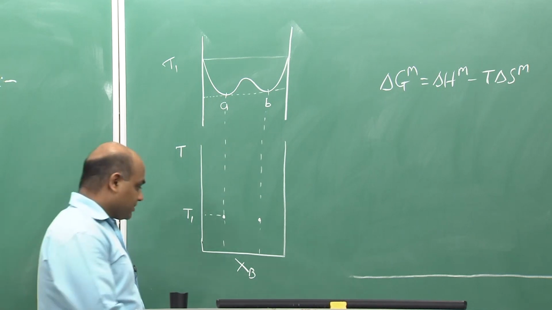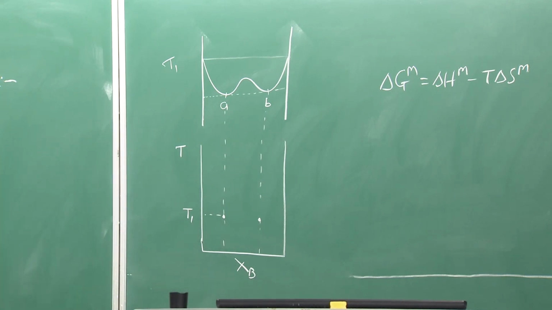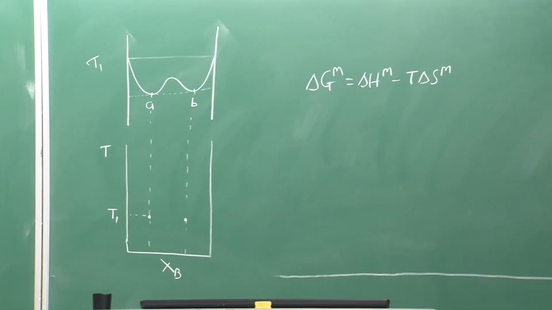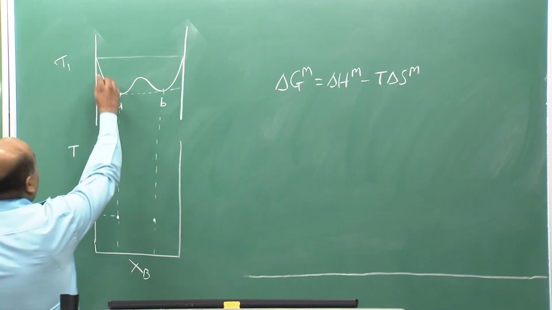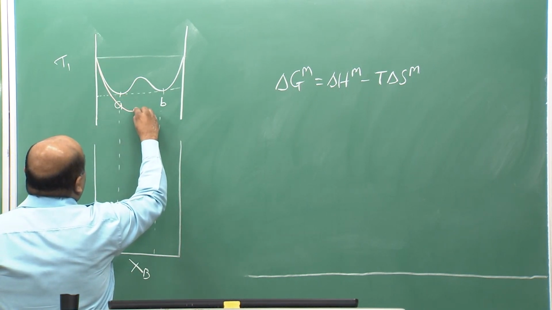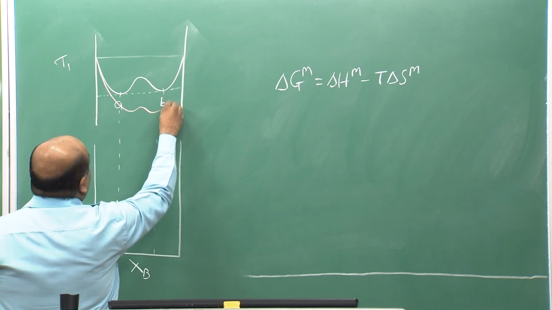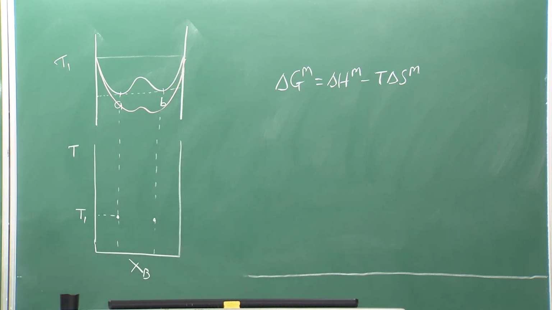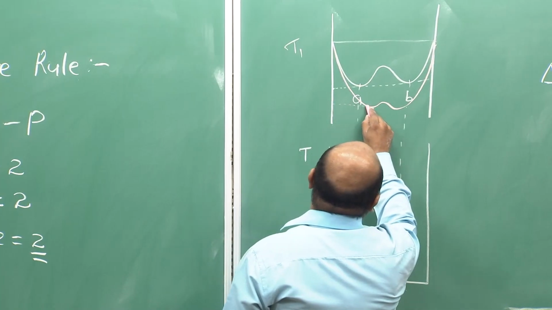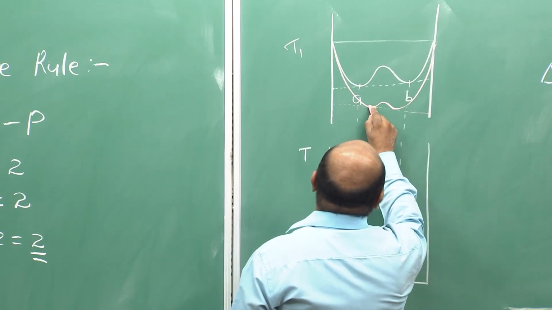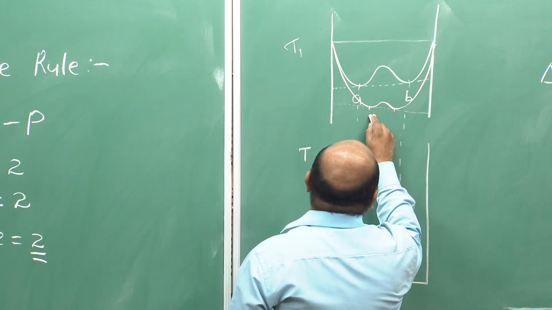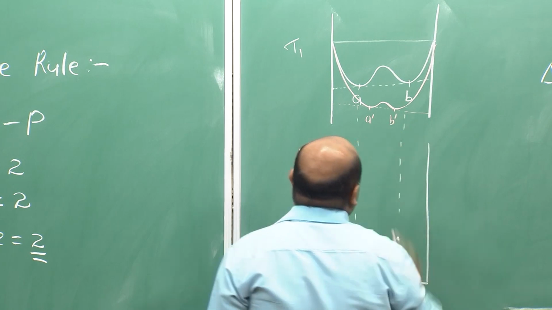So, as I increase the temperature, if I draw the same curve at a higher temperature, it will be something like this. And if I determine again the equilibrium compositions by tangential intercept method, this will be say A prime B prime.